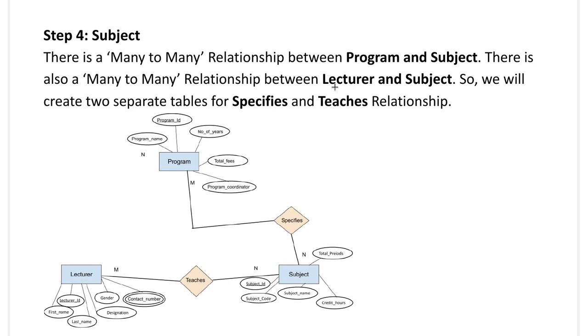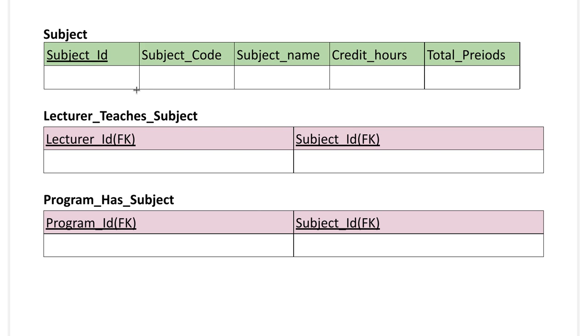And for subject, it has relationship with program and lecturer, so we'll have to create multiple tables accordingly. So first will be subject, all the attributes related to subject, and which lecturer teaches which subject, lecturer, subject, both foreign keys.